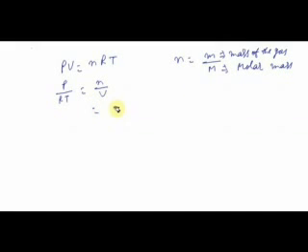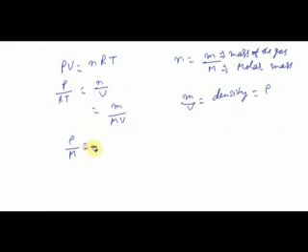So we can replace n here with m by M. Now m by V is nothing but mass by volume, that is density, which we represent as rho here. So we have rho by capital M is equal to P by RT, or rho is equal to PM by RT.